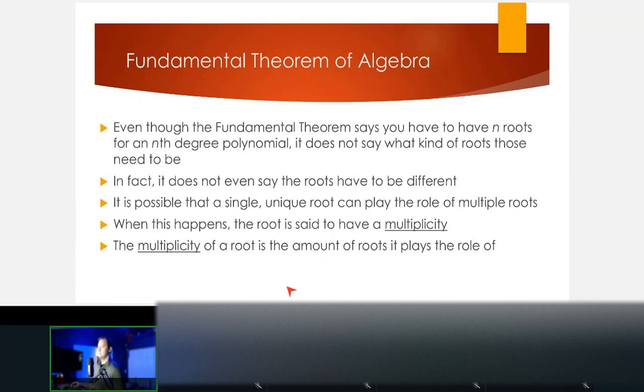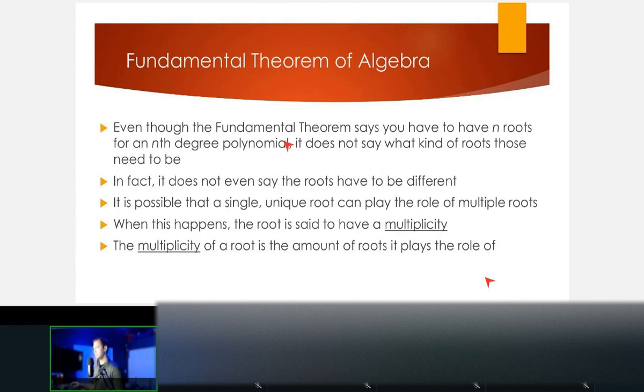This is just review on this page talking about the fundamental theorem of algebra. So with the fundamental theorem of algebra, that's the one where we look at zeros, right? Or a function, and you have to factor it, and you can see the different factors, and you count them up to see what the degree of the polynomial is.